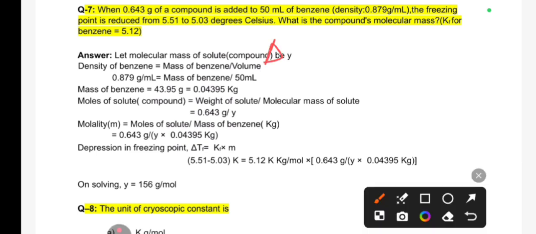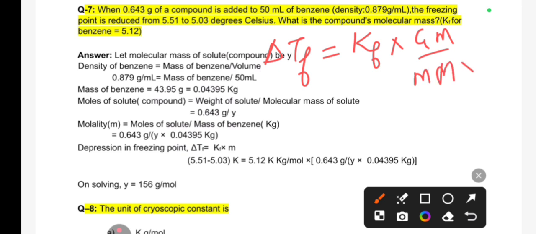I will write here again: delta Tf is equal to Kf into molality, which is moles by mass of solvent, and moles we expand as given mass by molar mass into mass of solvent. I have written that with W1 into 1000 if it is given in gram, but here it is given in kilograms, so there is no need of this.